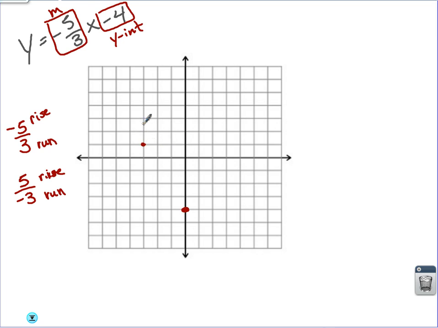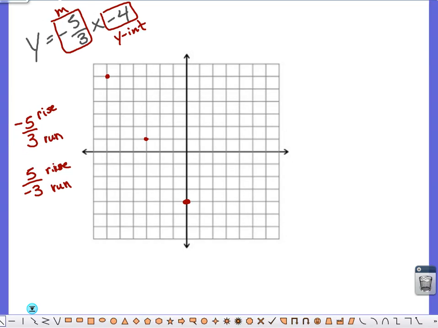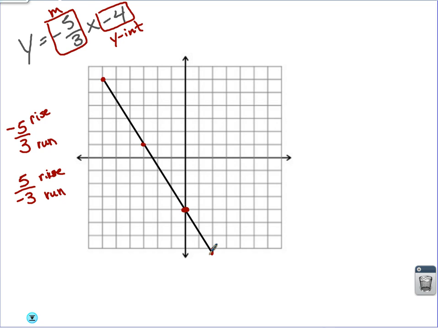And there we see a picture of y equals -5/3 x minus 4. And we connect my dots here, because again, my line is infinite, and it continues forever in both directions.